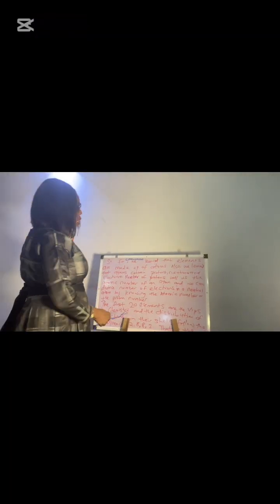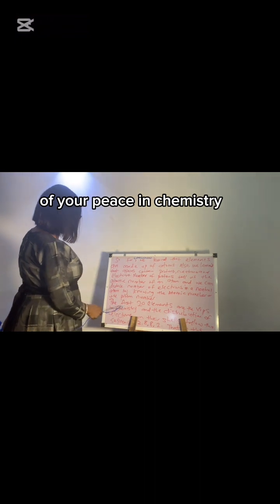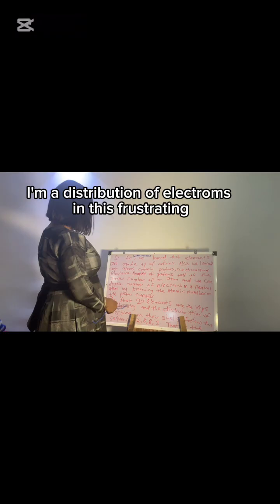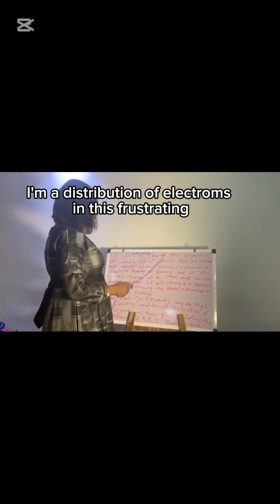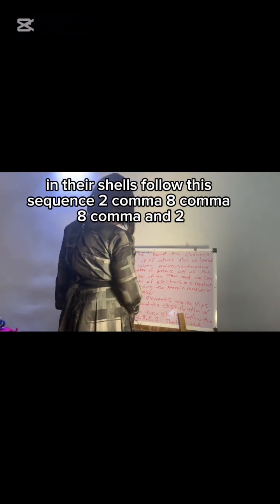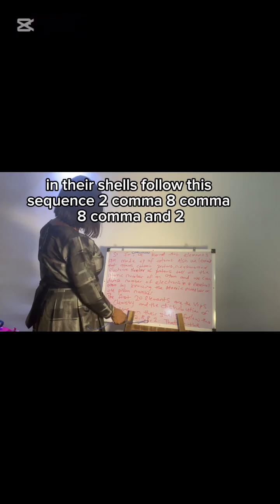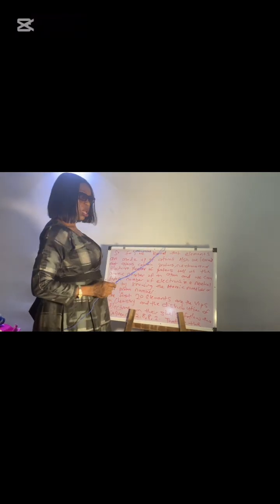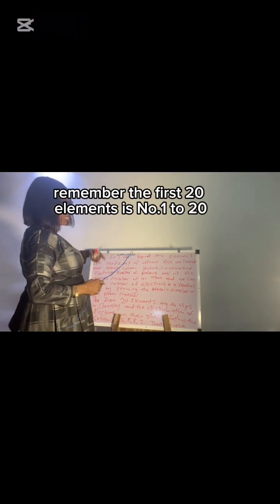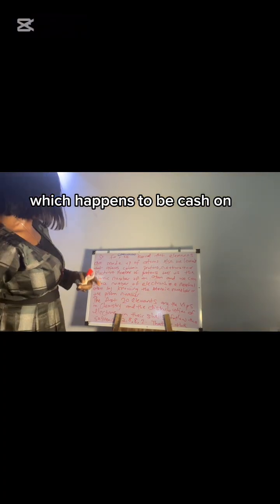The first 20 elements are the very important personalities or VIPs in chemistry, and the distribution of electrons in these first 20 elements, in their shells, follows this sequence: 2, 8, 8, and 2. Remember, the first 20 elements are numbered 1 to 20, meaning that the last element is 20, which happens to be calcium.